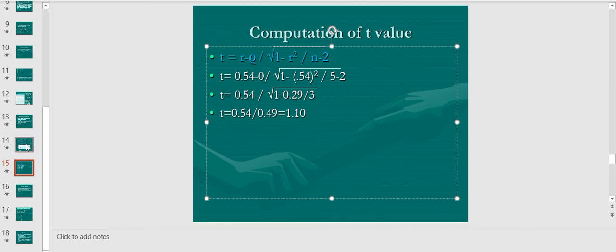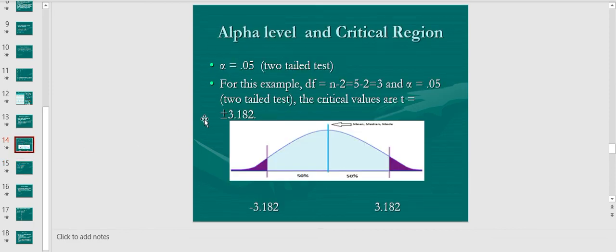Now we see whether this value is located in the rejection region or the acceptance region. This value is located in this region, which is the acceptance region for the null hypothesis. So we will accept the null hypothesis.